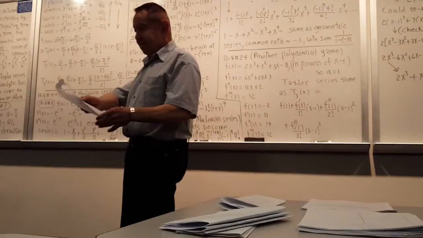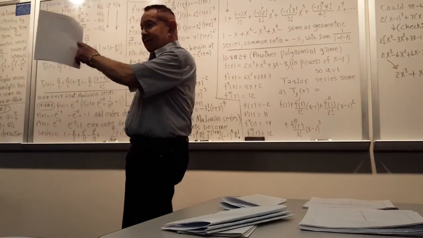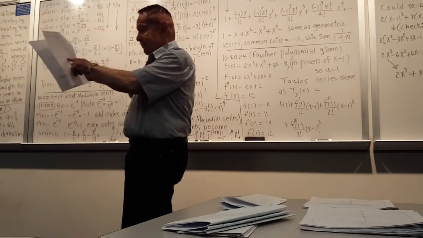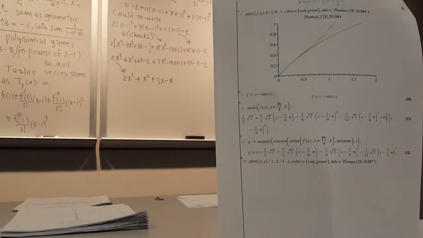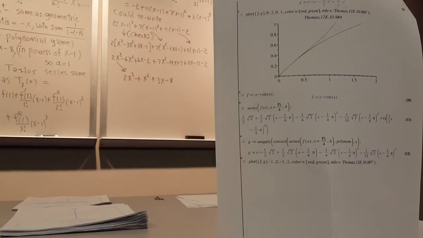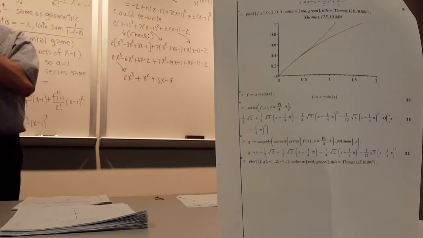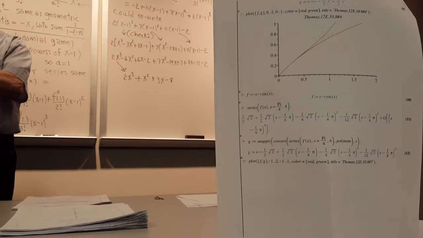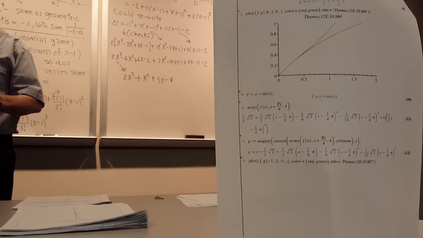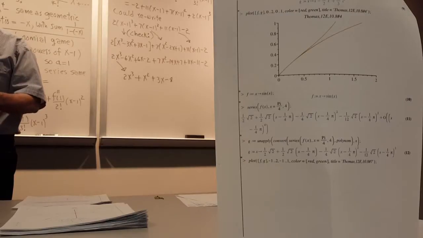This right here is the same as what you have on line 11 for the coefficient of x minus pi over 4 cubed. And then your error term will involve the fourth derivative. Again, we'll talk about the error estimates next week.